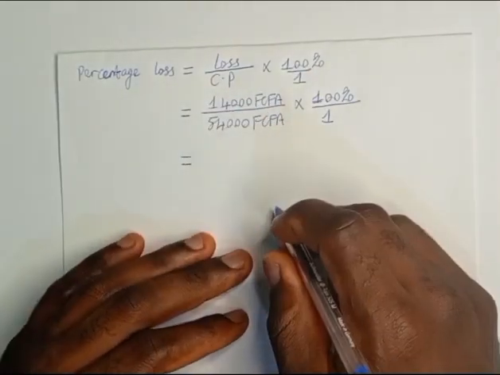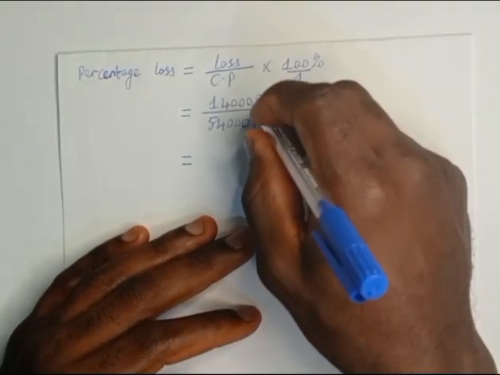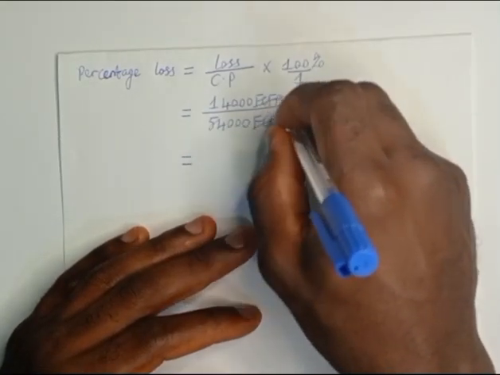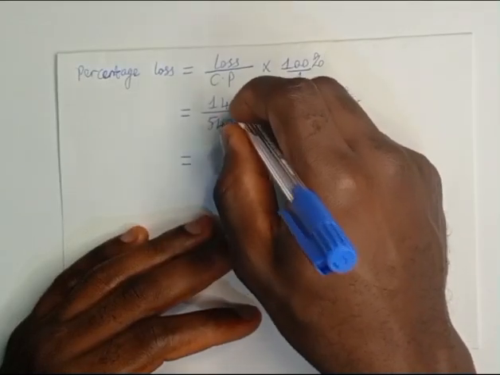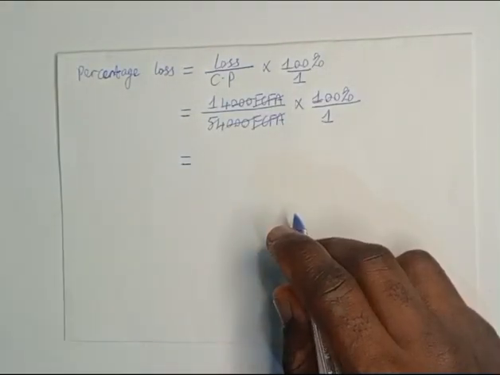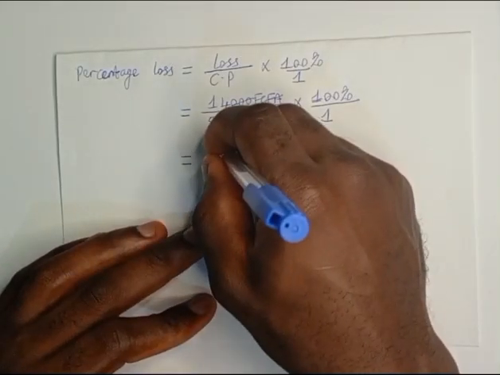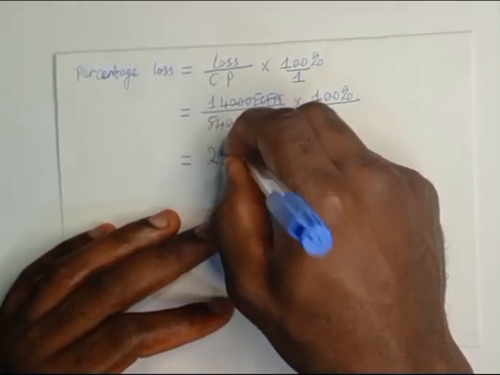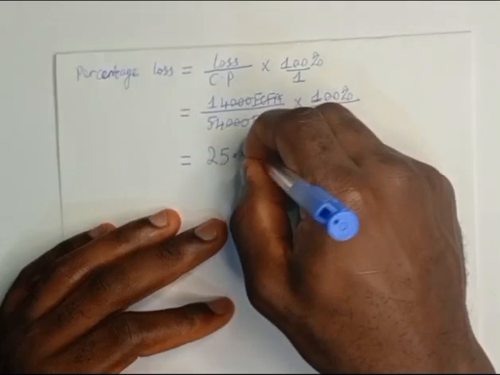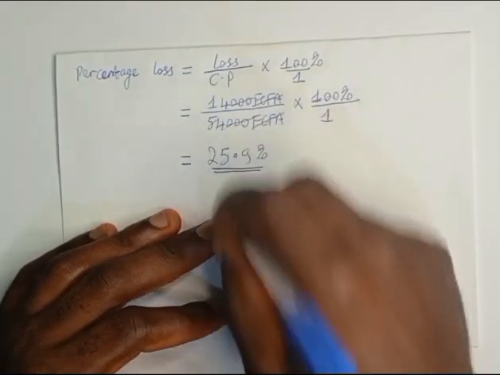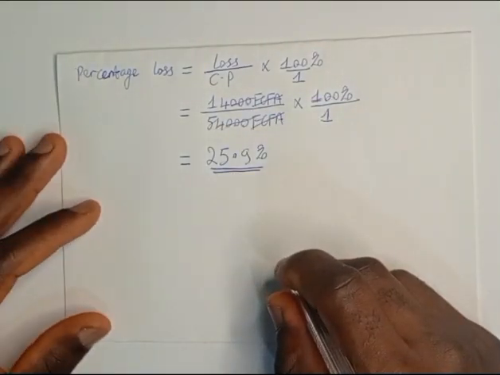This will simply be equal to, performing the necessary simplifications, franc CFA, we strike off franc CFA. It's 3 zeros, we strike off 3 zeros. Next, if we divide 14 by 54, it gives us 0.259 times 100 gives us 25.9% to 1 decimal place. This is the percentage loss to 1 decimal place.